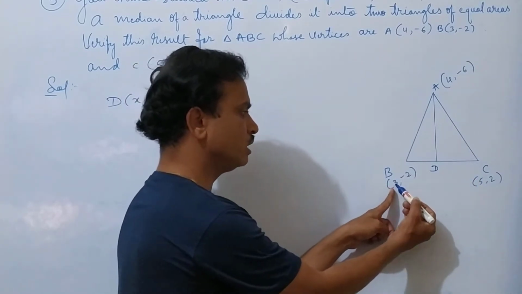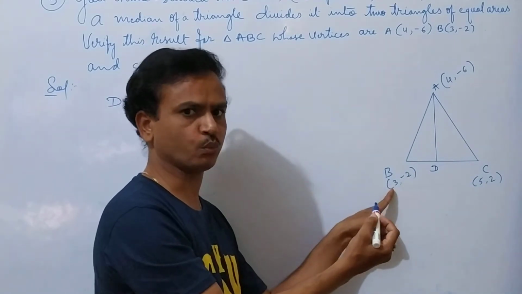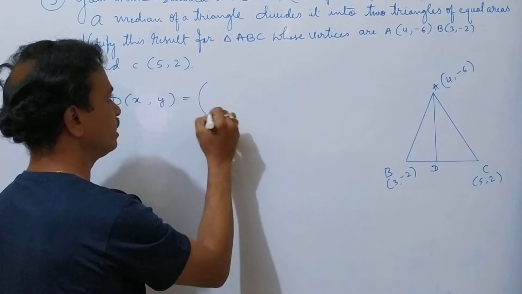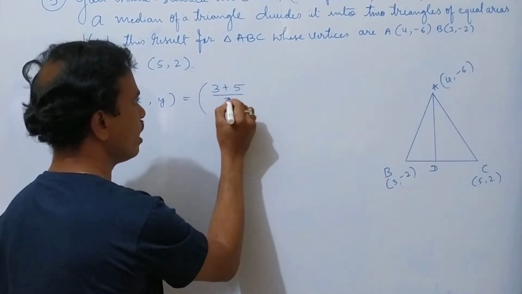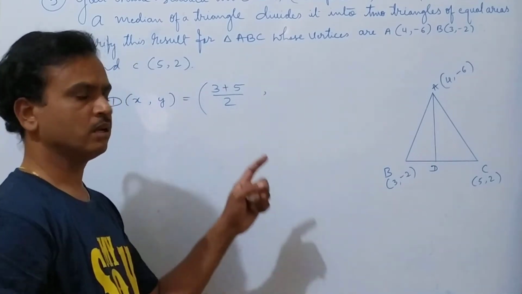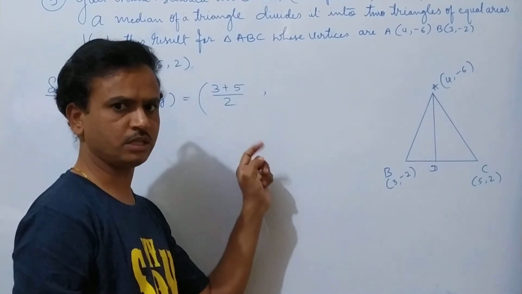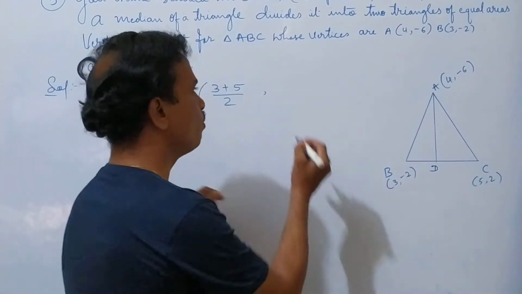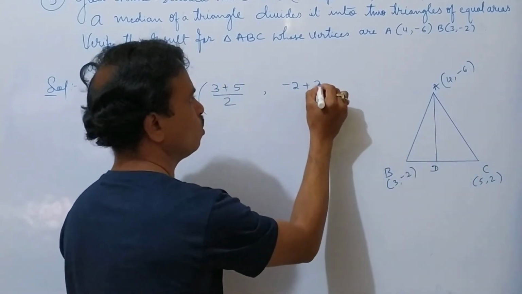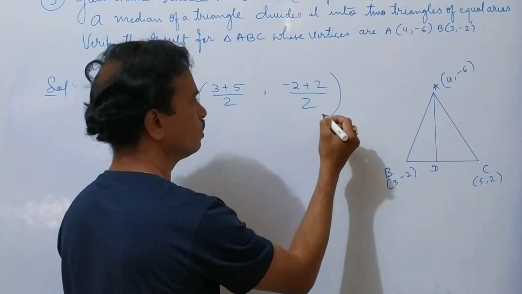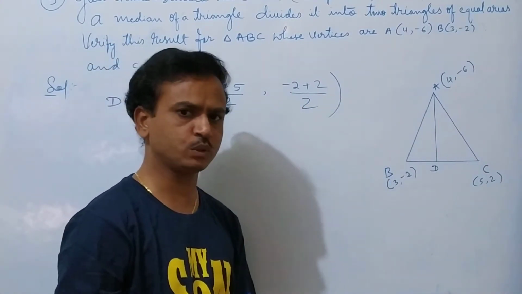So here 3 plus 5, divided by 2. That is in the form (x1 plus x2) whole divided by 2. Then the next point, (-2 plus 2) whole divided by 2. That is (y1 plus y2) whole divided by 2.